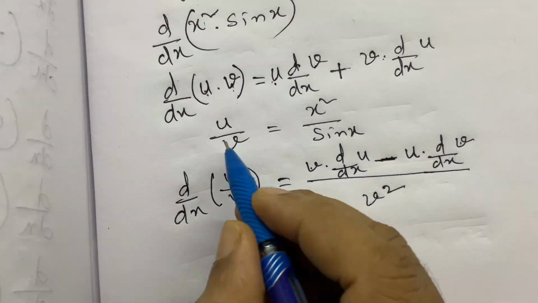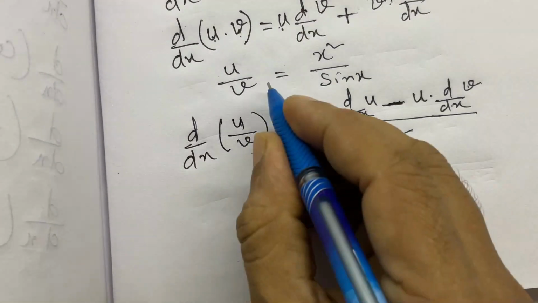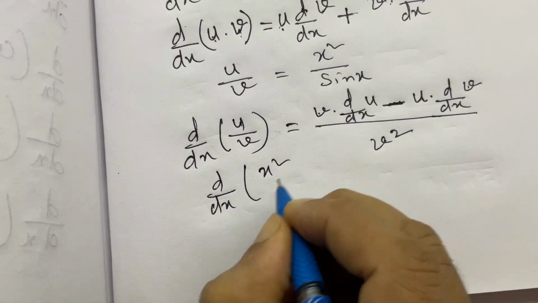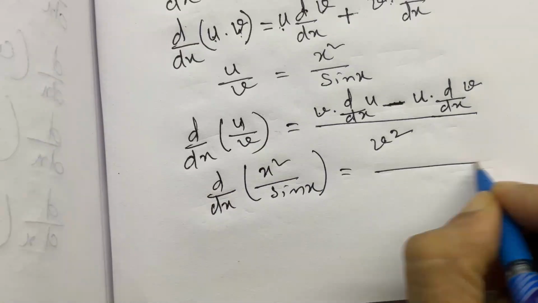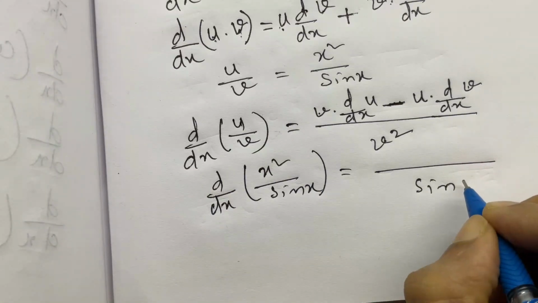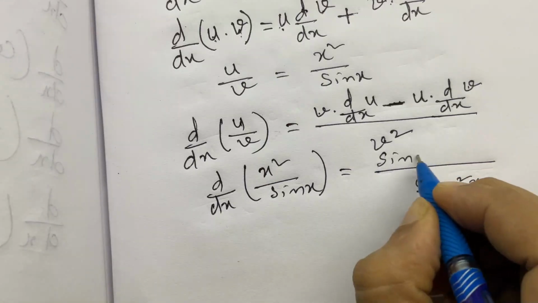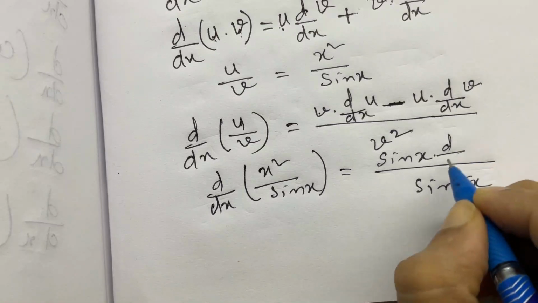So in this case if you apply this formula, d/dx of x square by sine x, then what will happen? Sine square x here, and then keep sine x as it is, do only d/dx of x square, so write it.